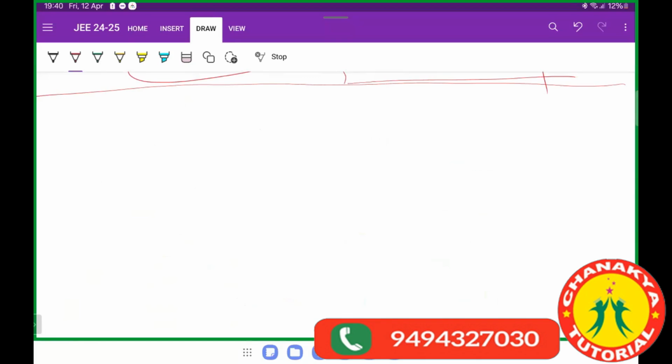Shall I keep a test? There will be three tests: physics, chemistry, mathematics, separate, on the same app with multiple choice questions.